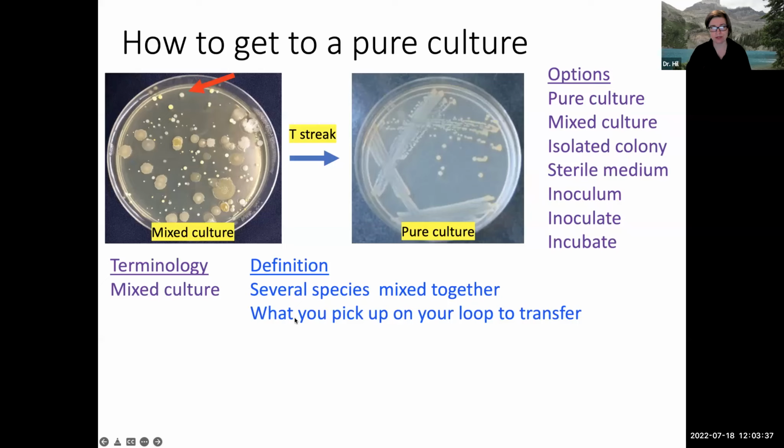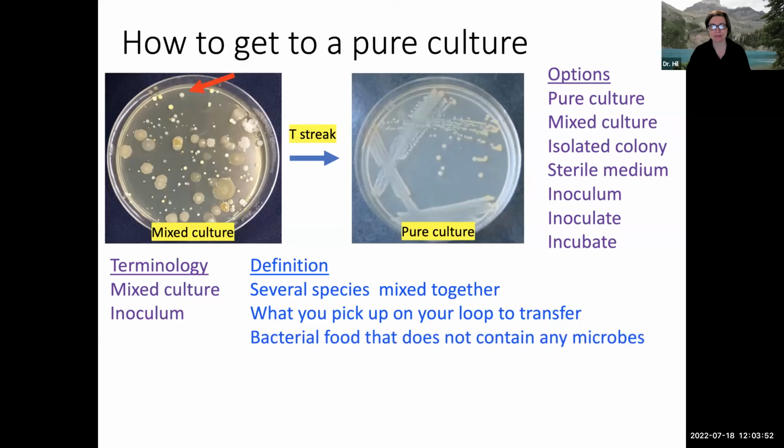When you take your loop, as you did for the T-streak, when you pick up your loop to transfer onto a new medium, what is actually on your loop? What's it called? Yes, that's an inoculum. And then you put it onto new food that doesn't have any microbes on it already.